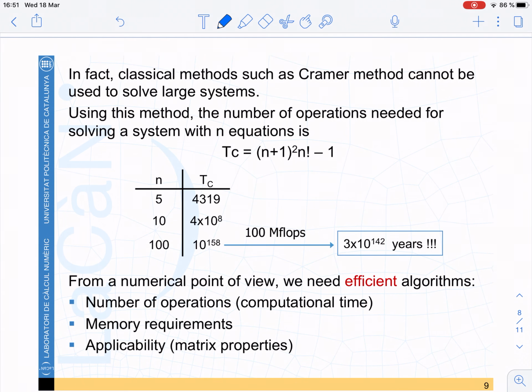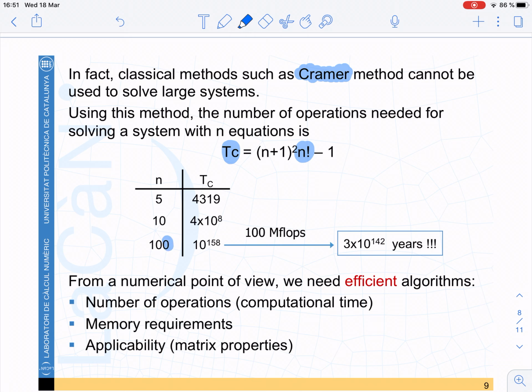Things can be much worse, and in fact, classical methods such as Cramer's method, this very elegant technique based on computing determinants, simply cannot be used for large systems. The reason being that the total operation count involves n factorial, which grows brutally even for modest values of n.